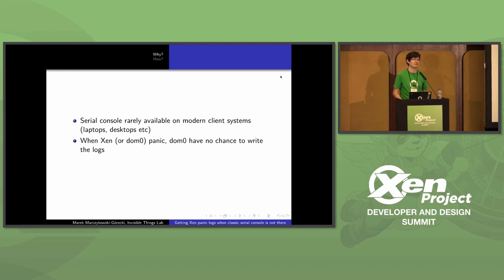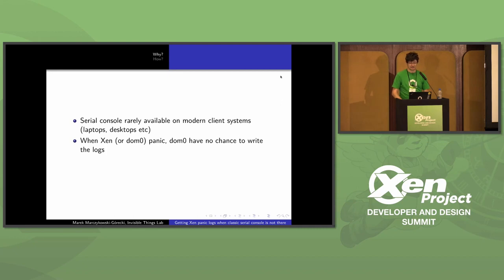Even on desktops, it's more and more often to not have a serial console. Usually, it's still somewhere, there may be some header on the main board or something, but this is something that is disappearing from the hardware.